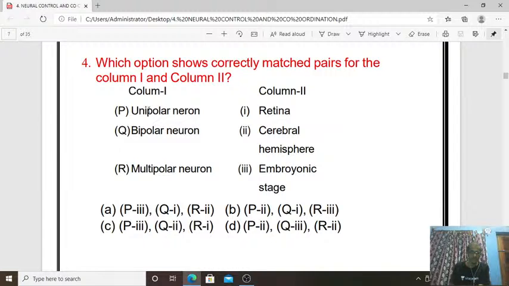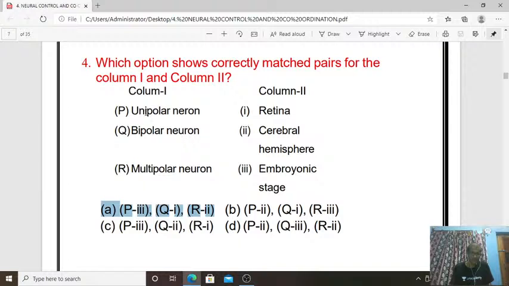For the fourth one, A is the right answer.